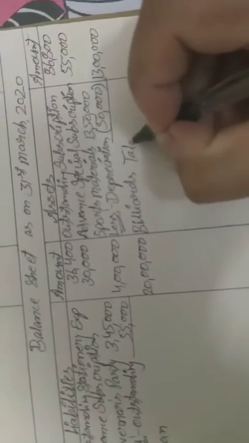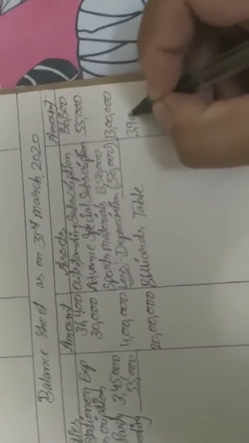Billiard table is an asset, so it will transfer to the closing balance sheet, because we have paid for the billiard table during the current year. That's why it will show only in the closing balance sheet, not in the opening.